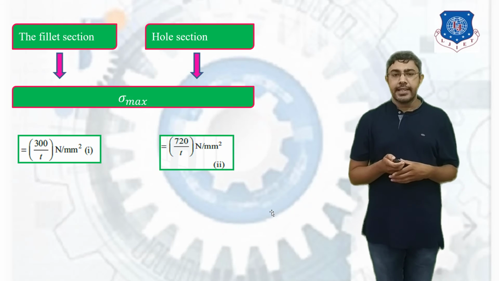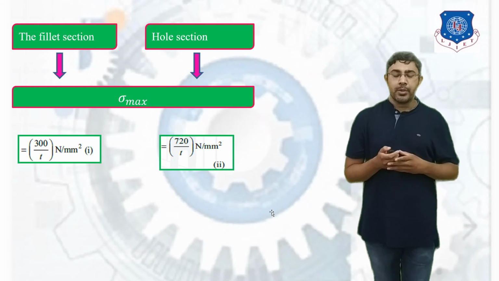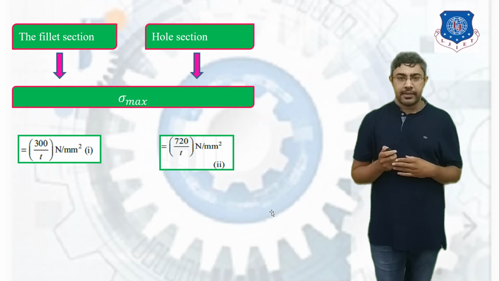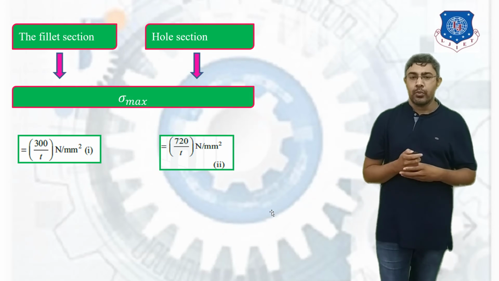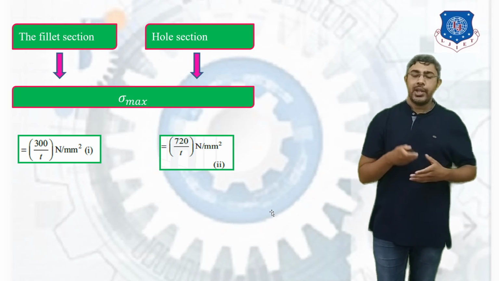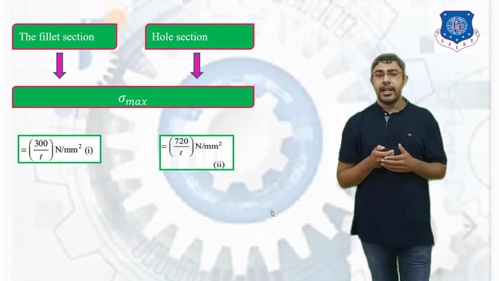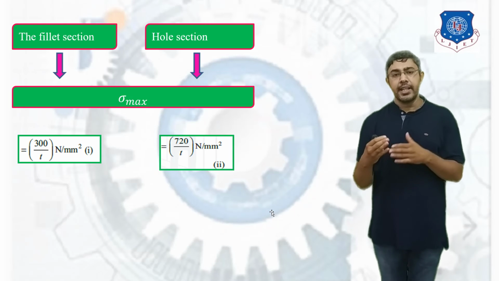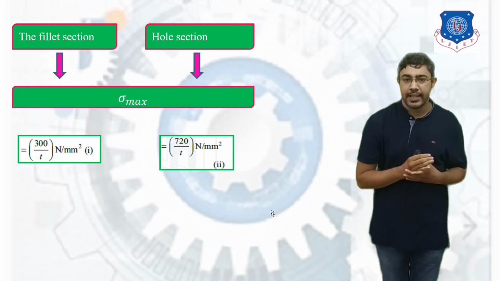And at the wall section, sigma max is equal to 720 divided by T Newton per mm square, equation number 2. From equations 1 and 2 we can compare that the stress produced at the wall section is higher than the stress produced at the fillet section.